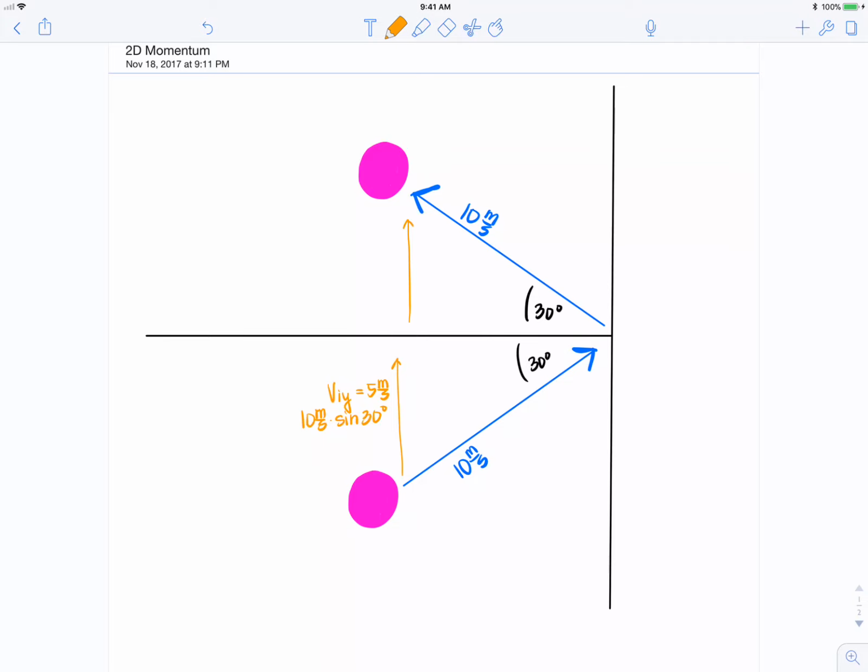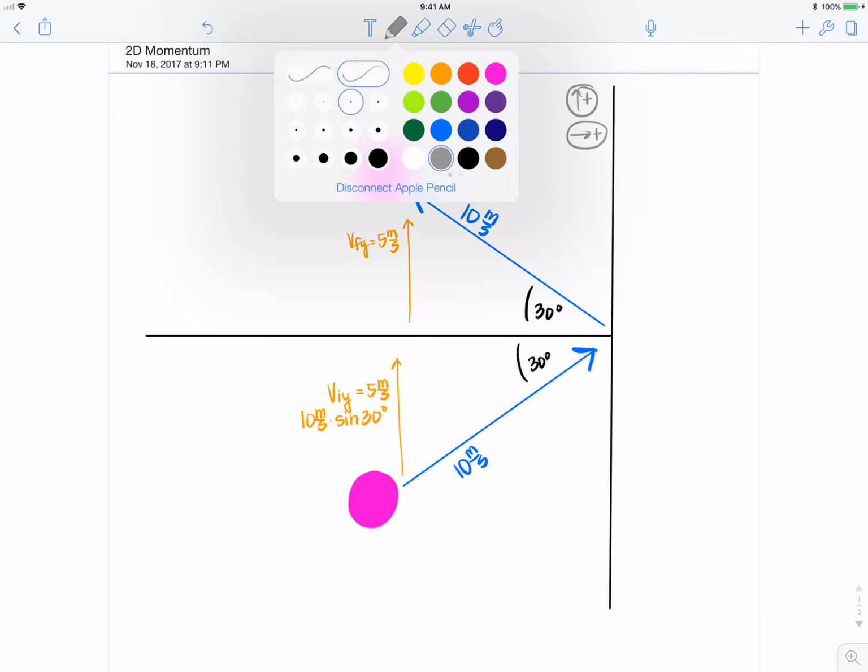So our VFY is also 10 meters per second times sine 30, or 5 meters per second. I'm going to make up positive and to the right positive. So both of these are positive 5 meters per second.